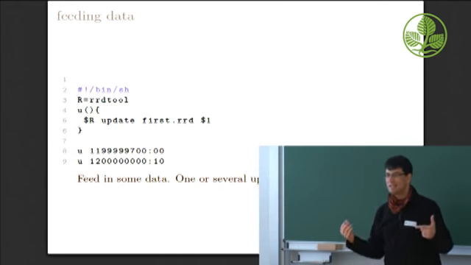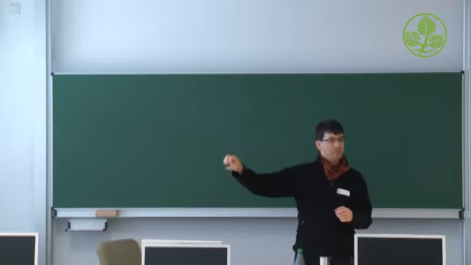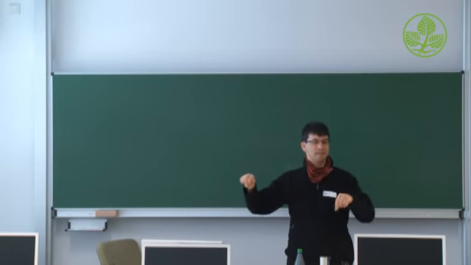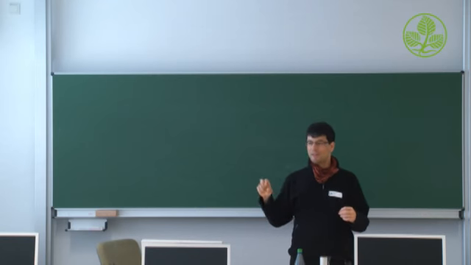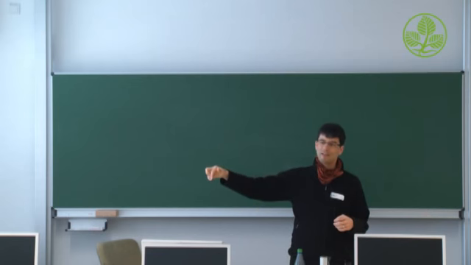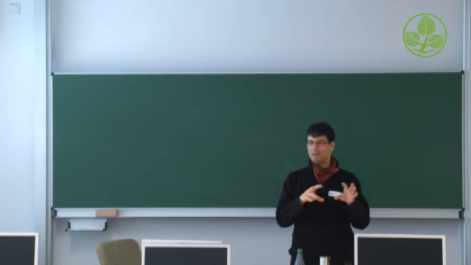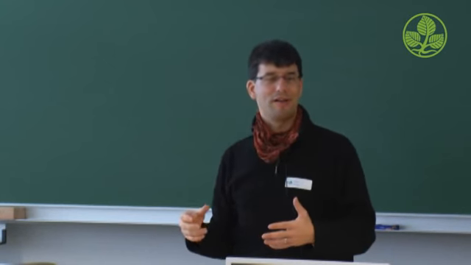OpenNMS has an engine which is able to decouple the acquisition of the data and the feeding to RRDtool, as far as I know. So it's very important in OpenNMS that it stores the acquisition time of the data and doesn't update RRDtool just by telling it, use the current time for the update.